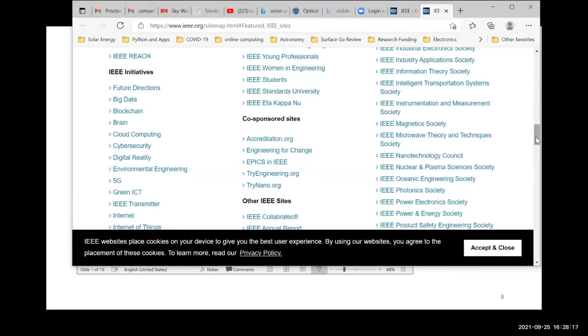For example, IEEE Xplore, the huge database that archives all the journal publications and conference proceedings from both IEEE and IET. So becoming a member of IEEE will get you benefits from the IET as well. Right, let me switch back to my PowerPoint.